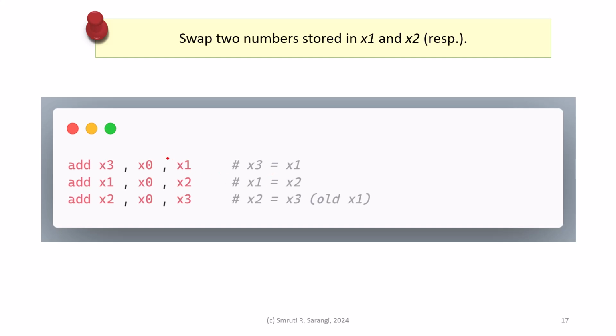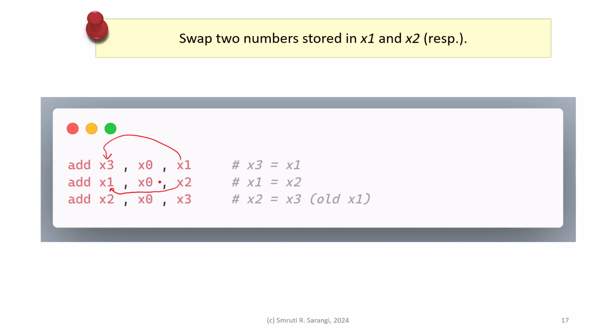So in this case, I transfer the value of x1 to x3, and the easiest way of doing that is I add x1 to x0 and then it comes to x3 directly. Given the fact that the value of x1 has been saved, I transfer the value of x2 to x1, again via the same mechanism by adding it with x0.